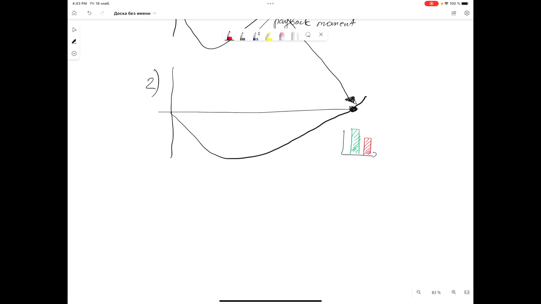So the third, let me change the color. The third type of payback period diagram is, for example, like this. This means that your business idea is still profitable, because this diagram goes up, so your revenues are higher than your expenses.